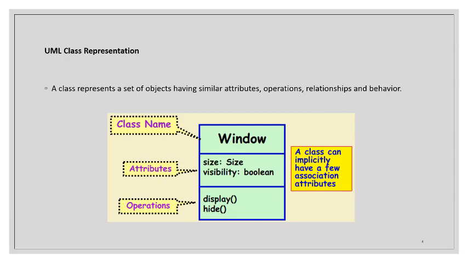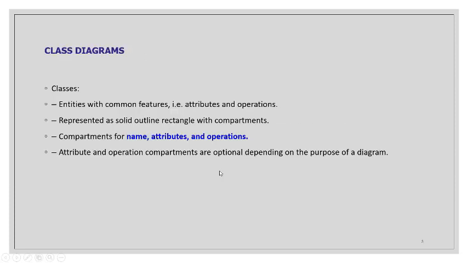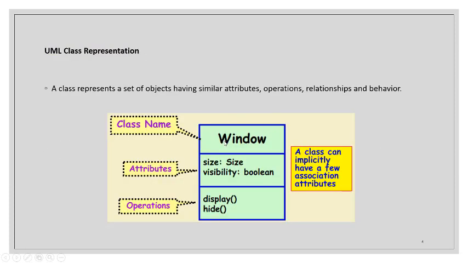But why are there so many representations of a class? This question may arise to you. The answer is that different notations are used depending on the amount of information about a class that is available. Sometimes you have only the information that there is a class name Window, so you will draw only this part.